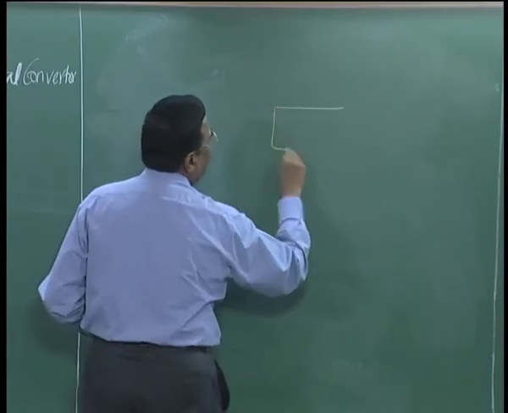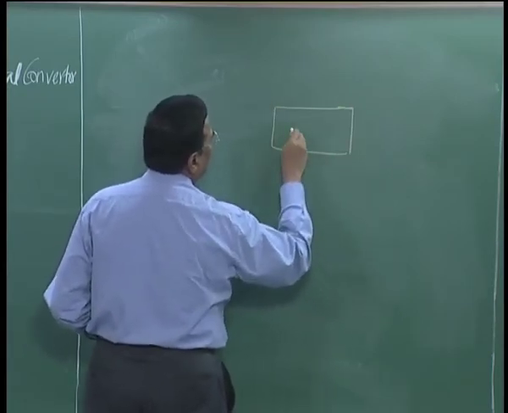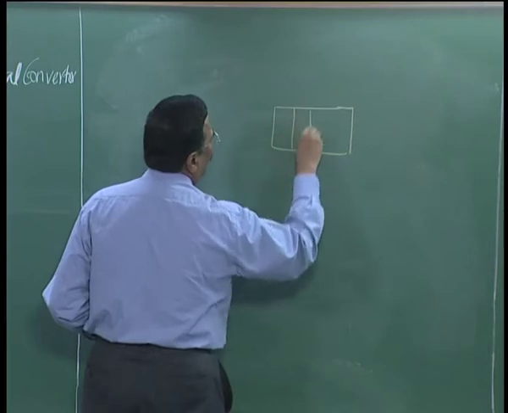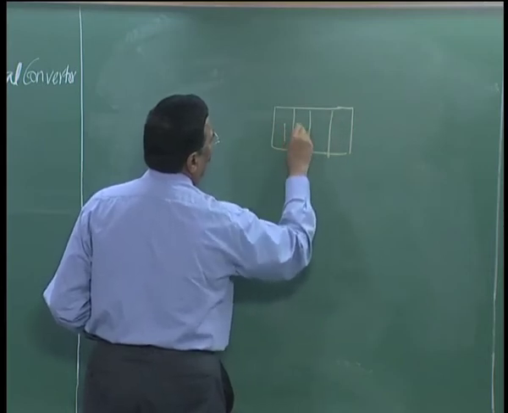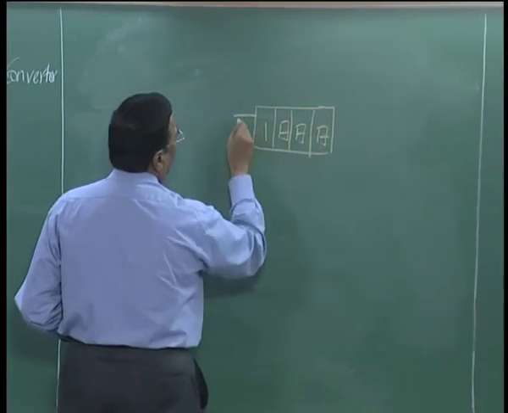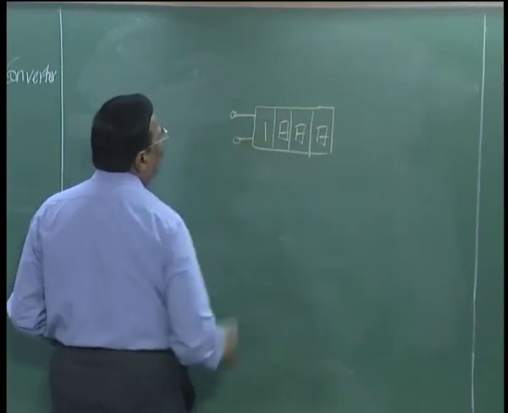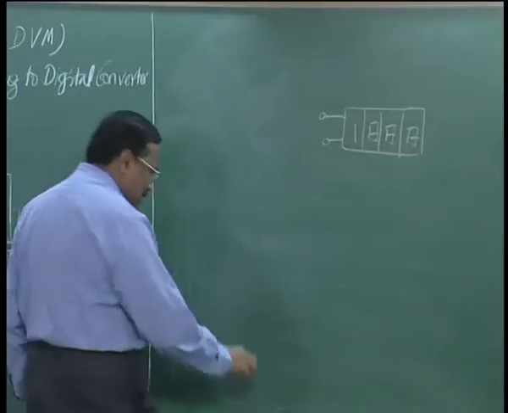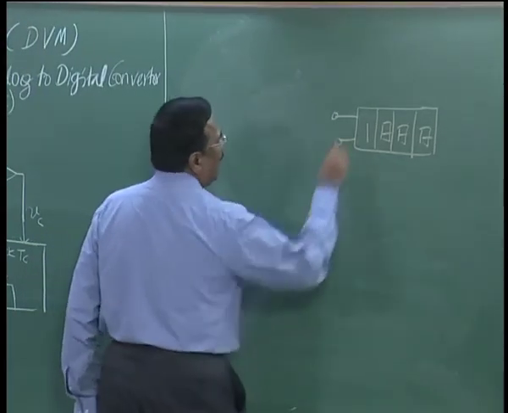Now, basically the dual slope AD converter is a voltmeter. It is a digital voltmeter.